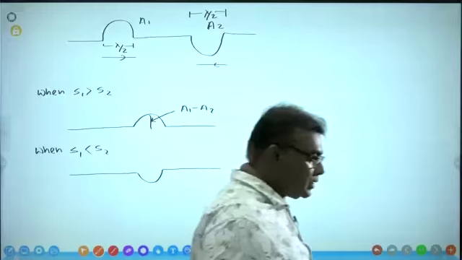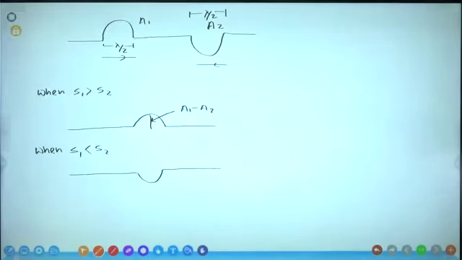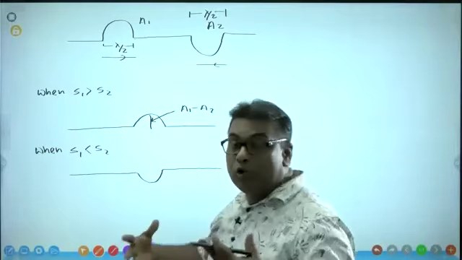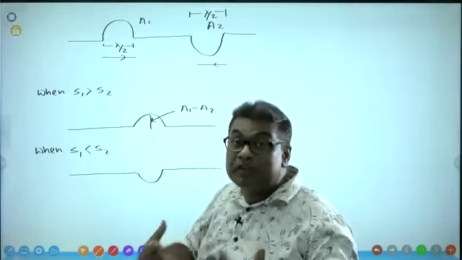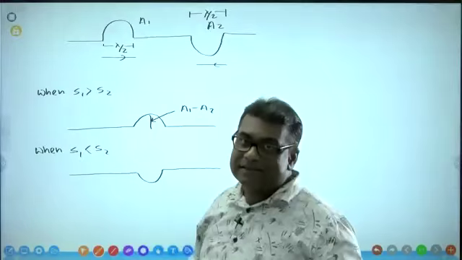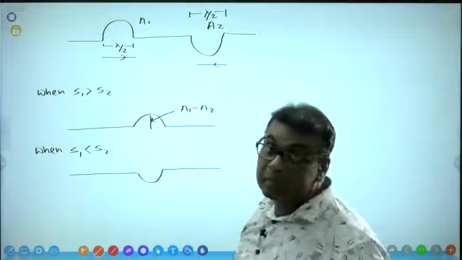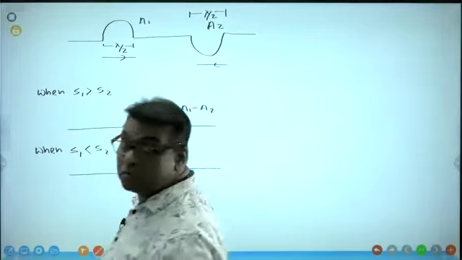One has high energy, the other has low energy. That is the difference, right? If they have different wavelengths, even though they overlap, it does not make constructive or destructive interference. So the wavelength should be the same. Wave properties should be the same.